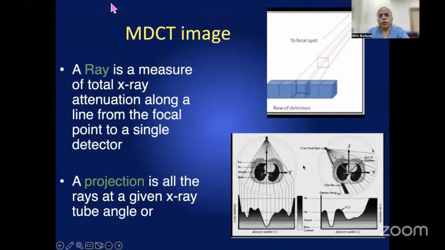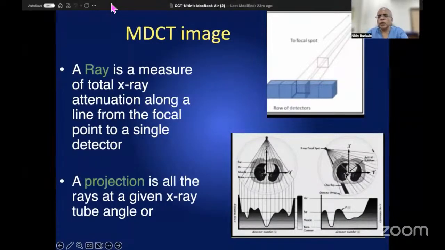So when you have a particular projection along the perimeter of the gantry, whether your position is here or here, the detectors on the opposite side create an attenuation map. The rays, that means the X-ray beam from the X-ray tube to one single detector element, its attenuation value will be plotted here.